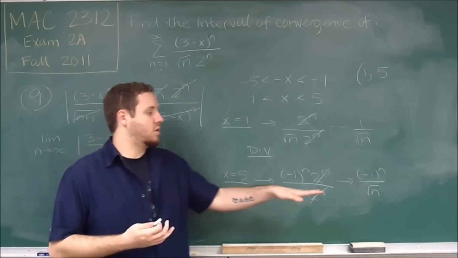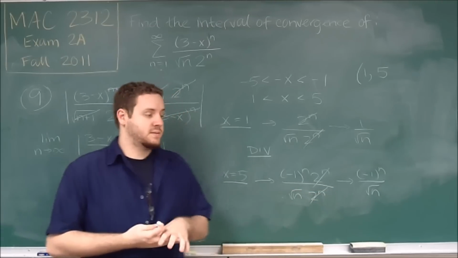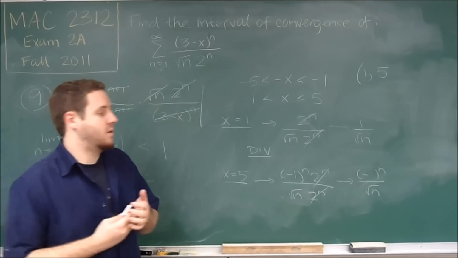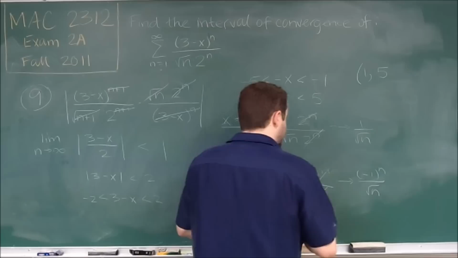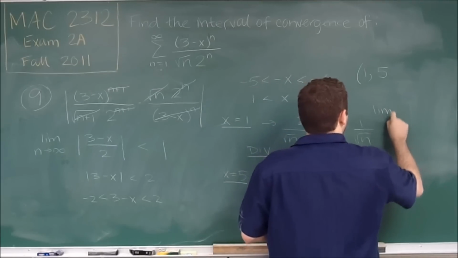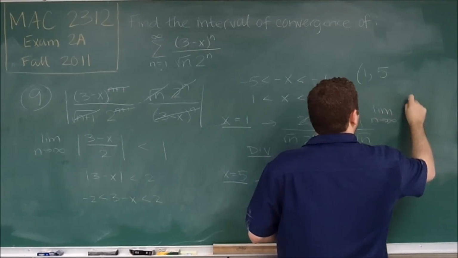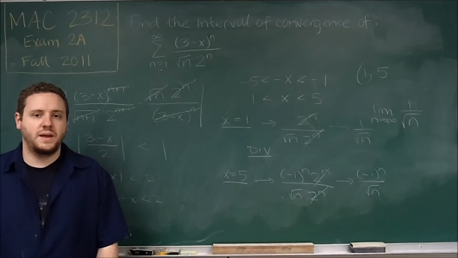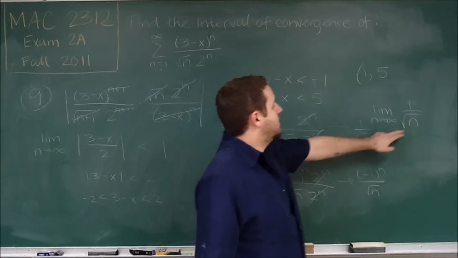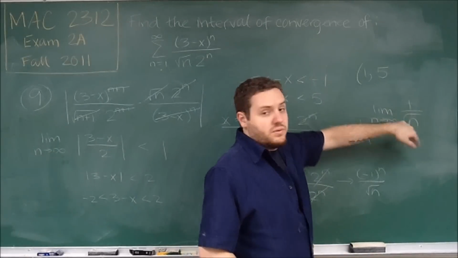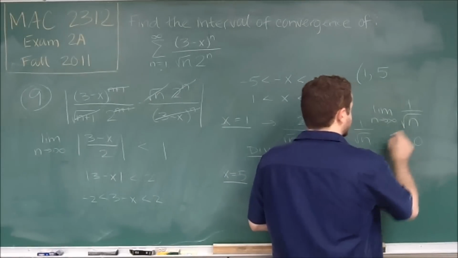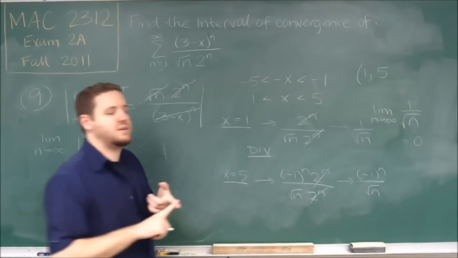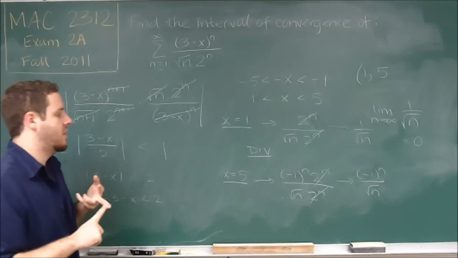So, is it getting smaller as you increase n? Yes. Is the limit 0 as n goes to infinity? So what's the limit as n goes to infinity of 1 over square root of n? Well, square root of infinity is still infinity, and 1 over infinity gives you 0. So yes, it's always decreasing. Yes, its limit is 0.